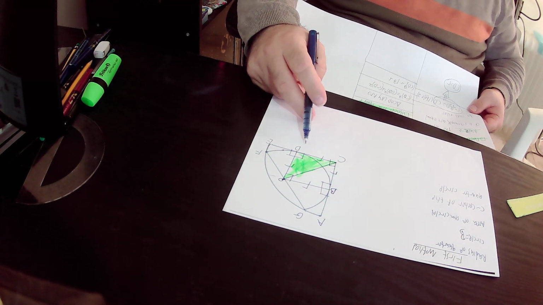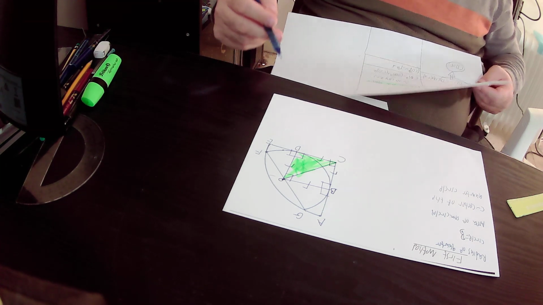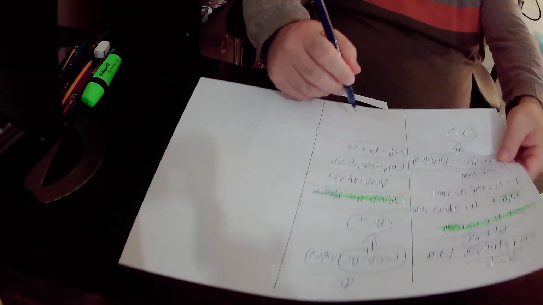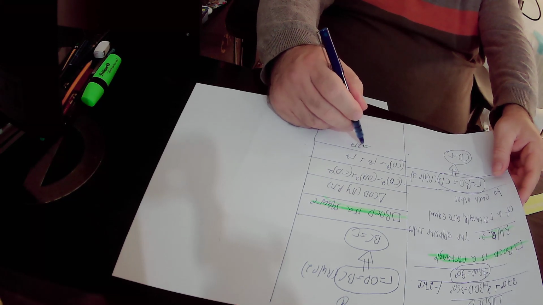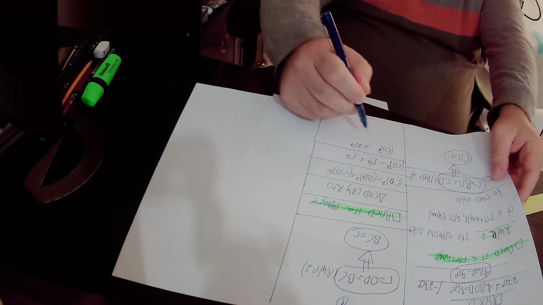CD is also equal to R, it is the radius of the semicircle, therefore CD square will be equal to R square. R square plus R square is 2R square. So in conclusion, we found out that CO square equals 2R square.